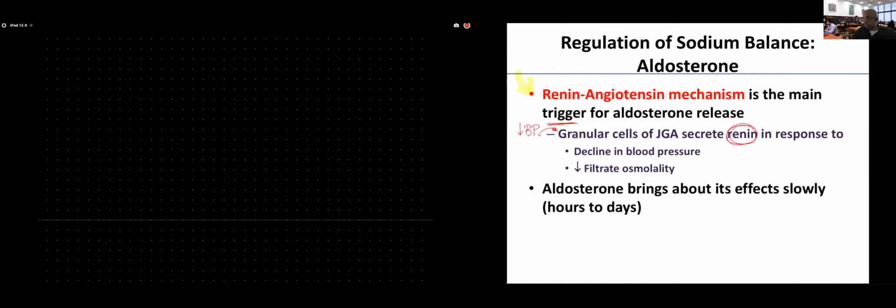Remember, what is renin going to do in here? It's going to be converting the angiotensinogen into angiotensin 1 that will then be converted into angiotensin 2, which triggers the release of aldosterone.